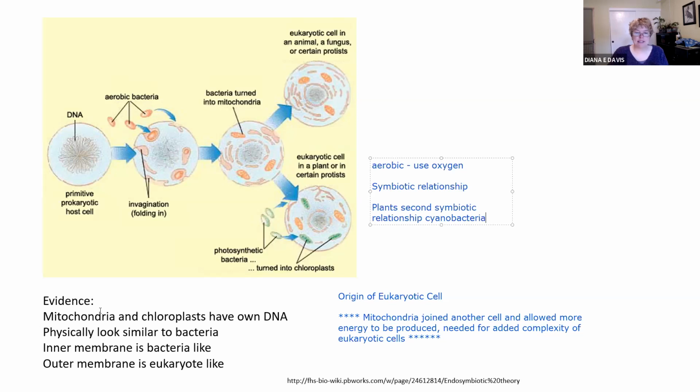We have evidence mitochondria and chloroplasts have DNA. So not all of your DNA is in your nucleus. And you only get your mitochondria from your mother. So technically, you get more of your genetic material from your mother than from your father. It's a little bit of a difference, but you do.